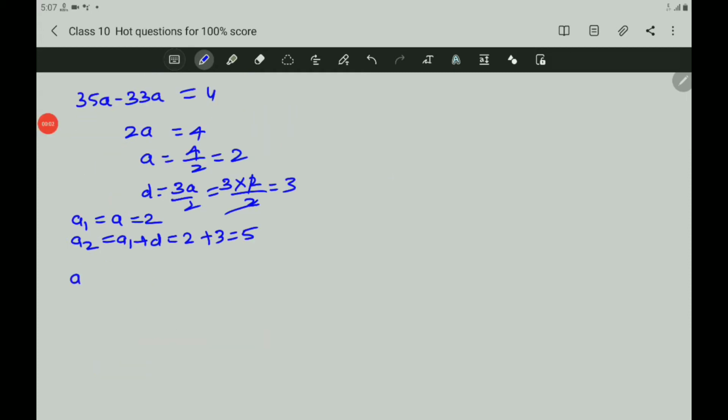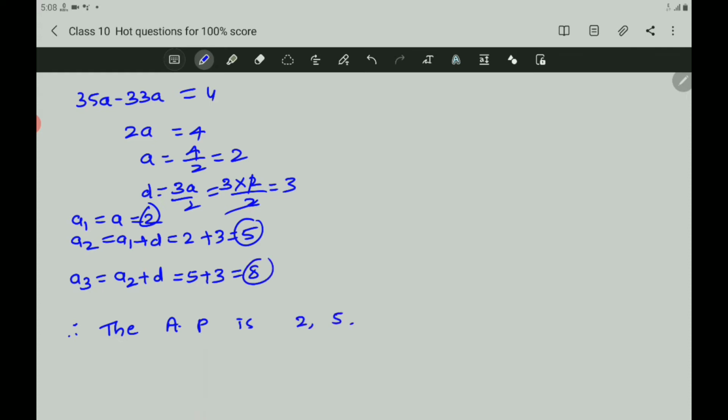Then a3 equals a2 plus d, a2 is 5, 5 plus 3 equals 8. Therefore the AP is 2, 5, 8, and so on.